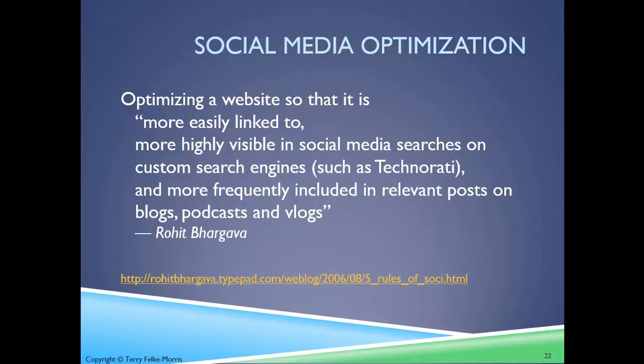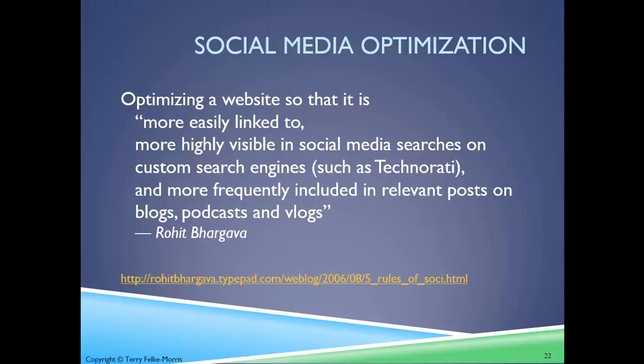This SMO, as it's described, is optimizing a website so that it's more easily linked to, more highly visible in social media. And again, there are things like, as mentioned, Facebook, Twitter, Pinterest, there's all sorts of places that you can go to. A key principle of this is making tagging and bookmarking easy.